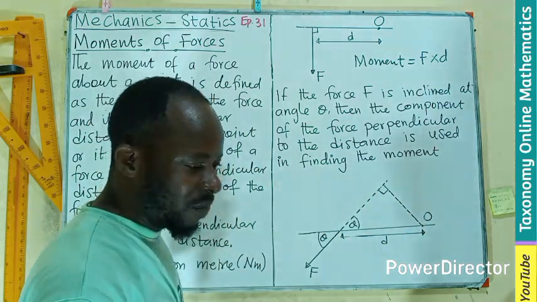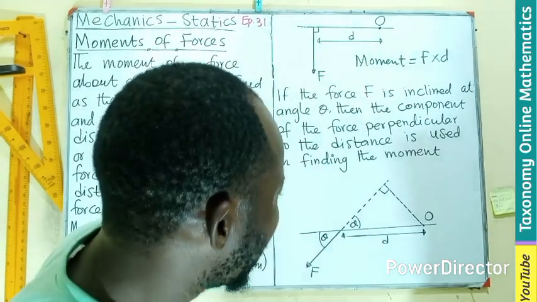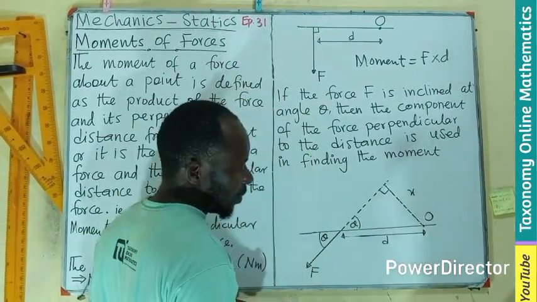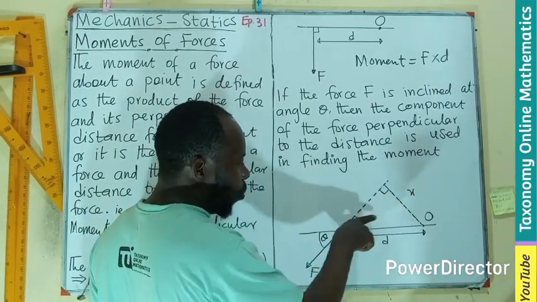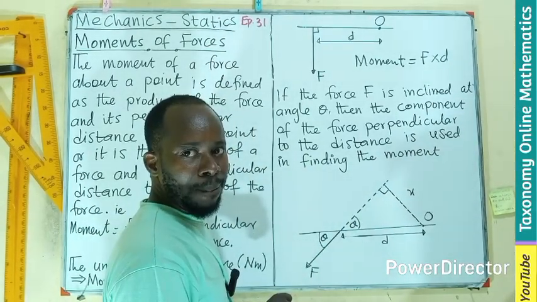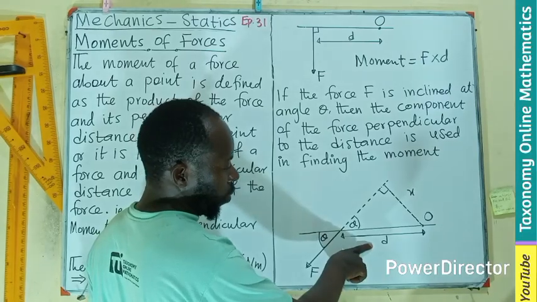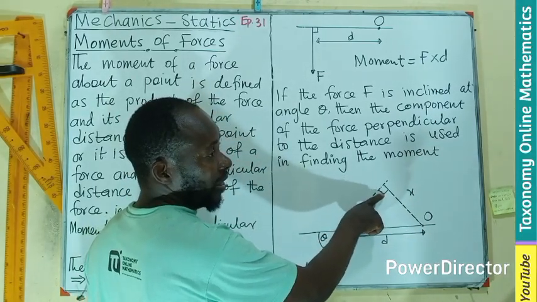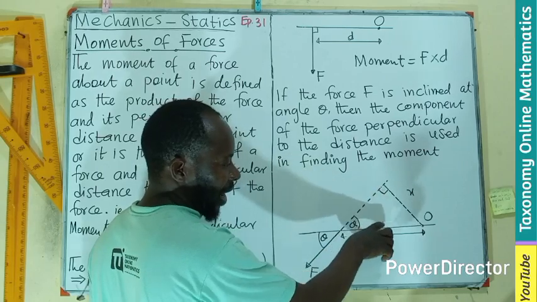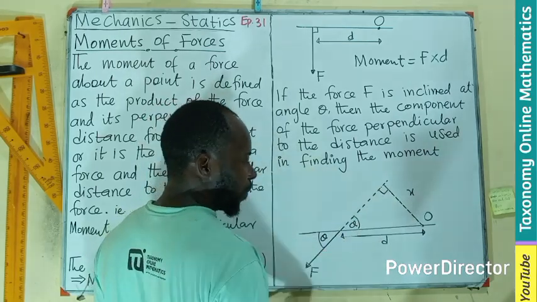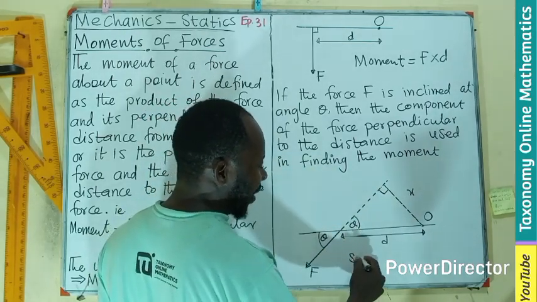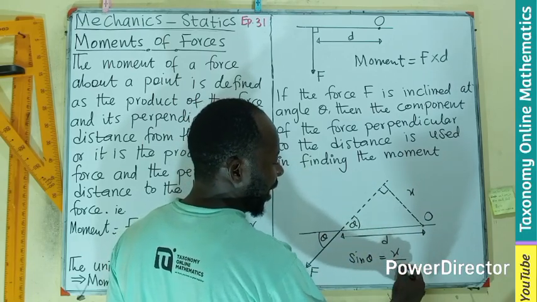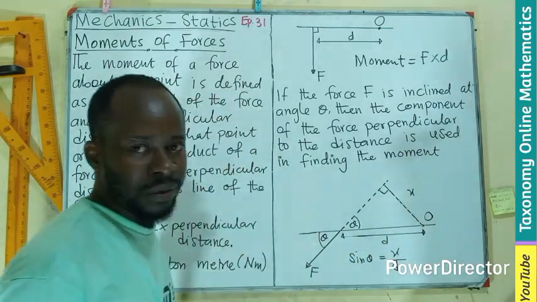And how do we get that value? Let's label it here as x. This is the side opposite to the angle theta, and this is also the side facing the right angle box, meaning this is the hypotenuse, this is the opposite. So I can find the sine of the angle theta equals the opposite side over the hypotenuse.